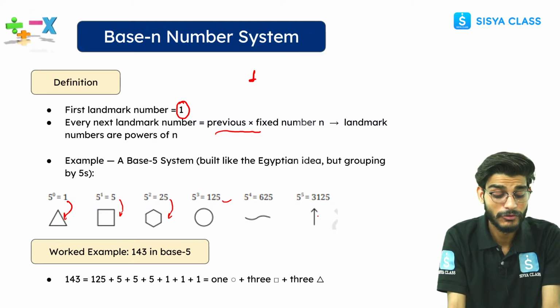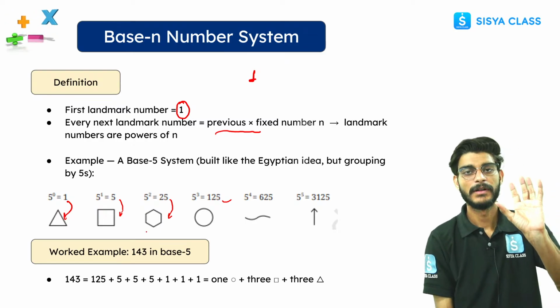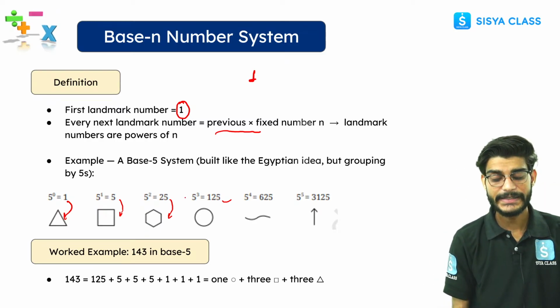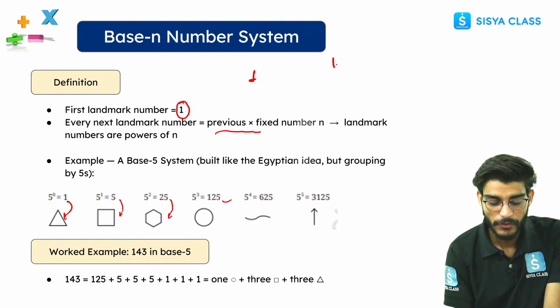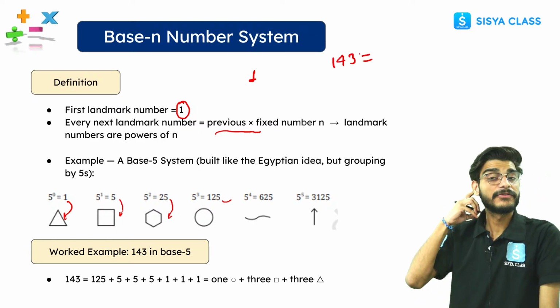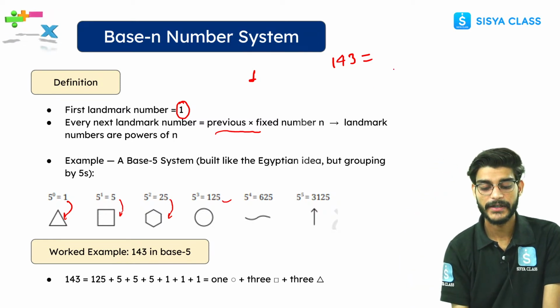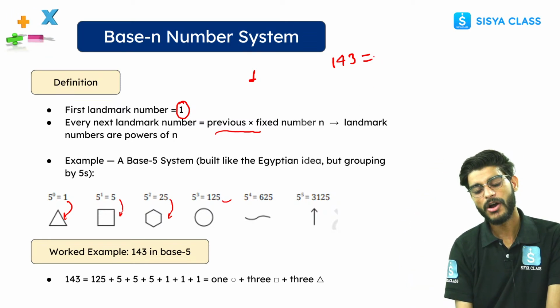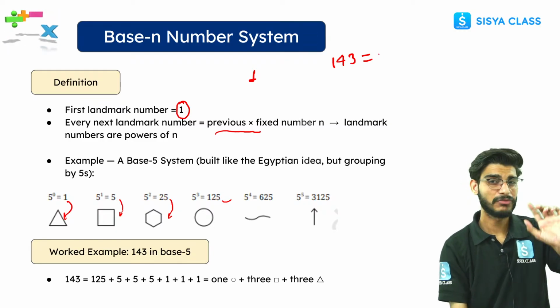Suppose you want to write 143 in base 5. That was for base 10, now it is for base 5. How will you write it? 143 in base 5 means 5 to the power something. First of all, you have to create it. So how will you split this 143? 5 power 3 is 125, we know.